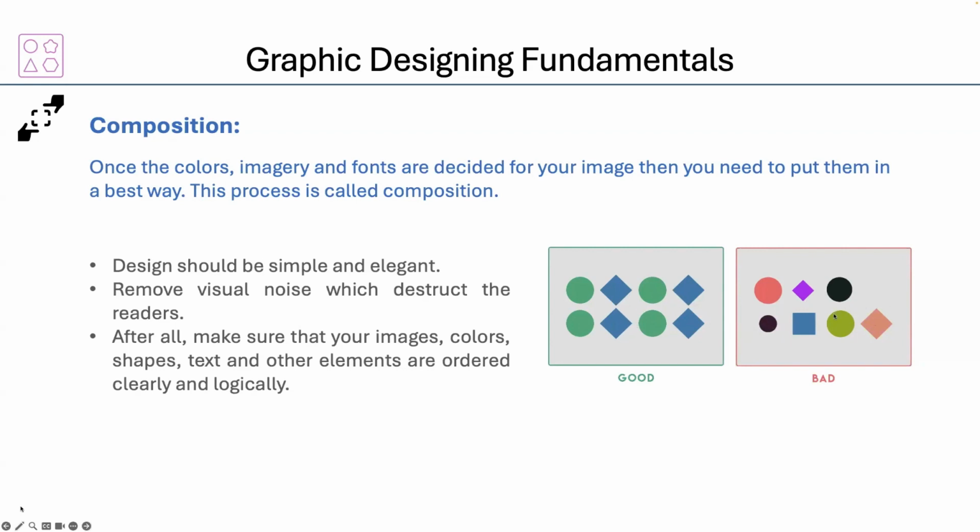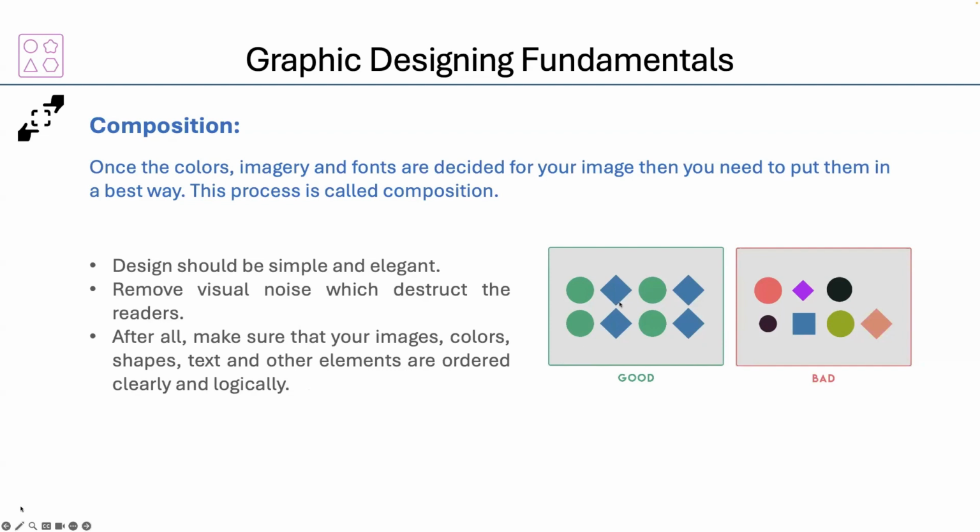So in this image, it's not good. On the other hand, in this green box, there is no noise of colors, no noise of different sizes, and no noise of alignment. So this box for me is perfect and it attracts my attention.